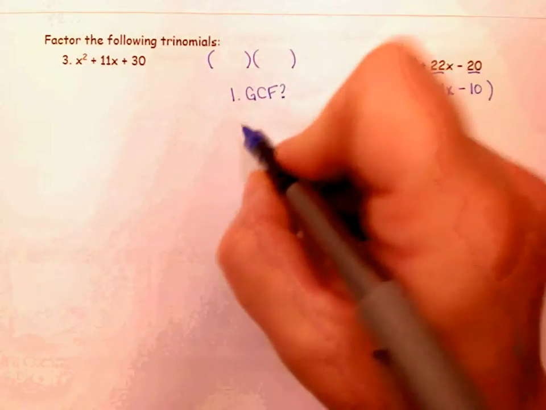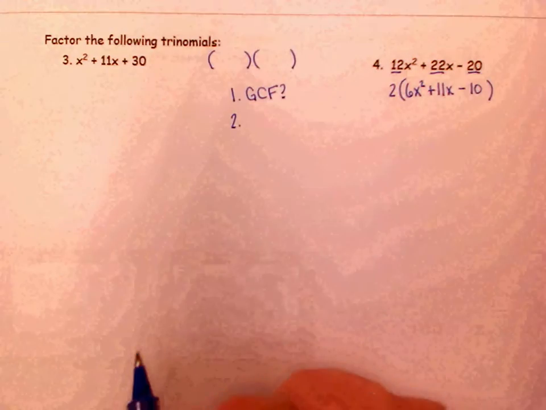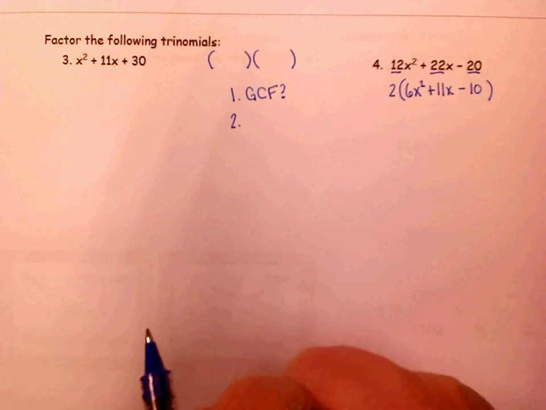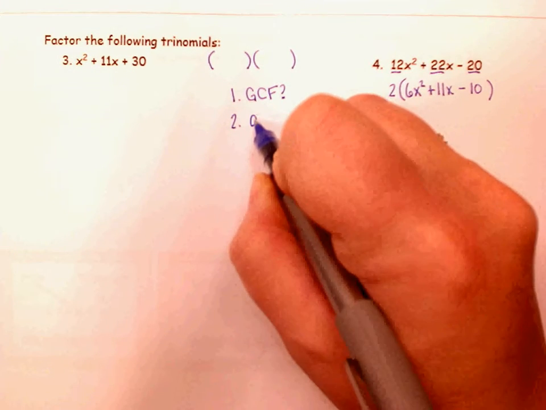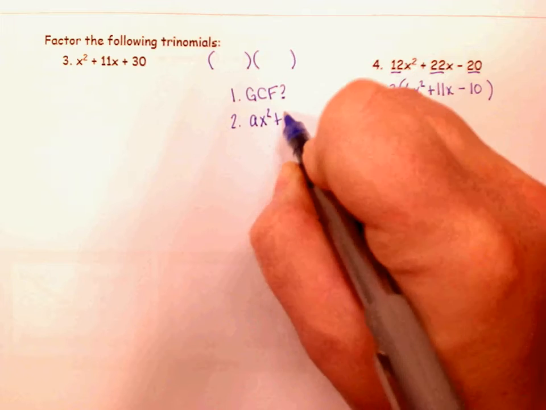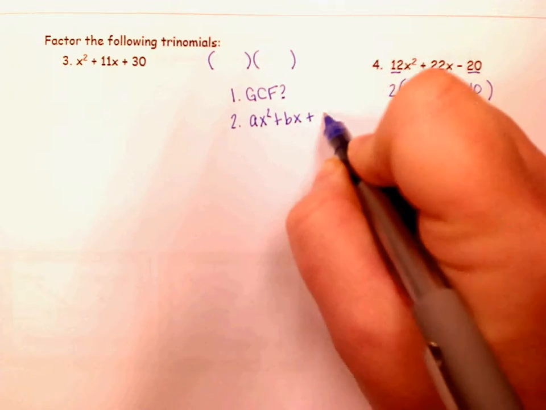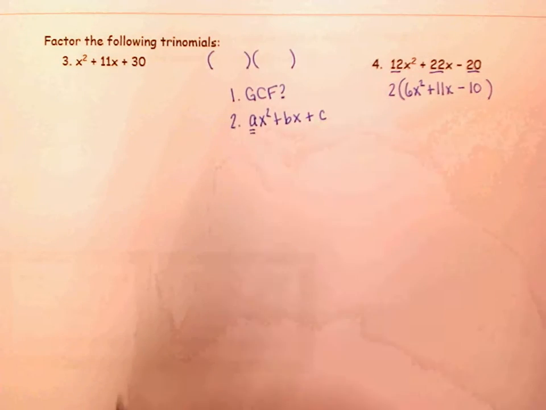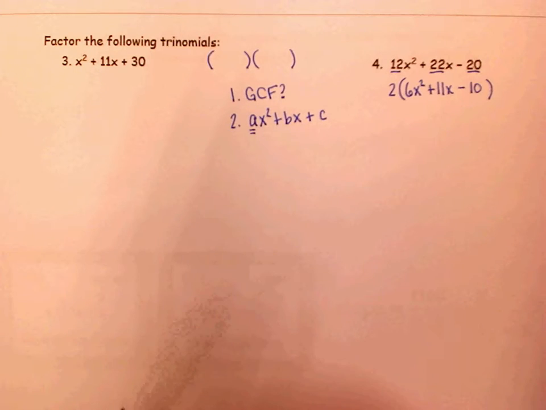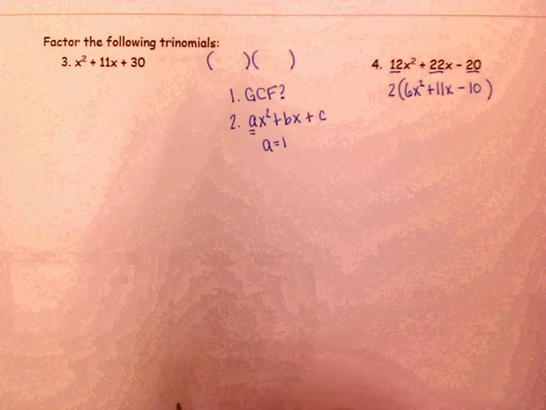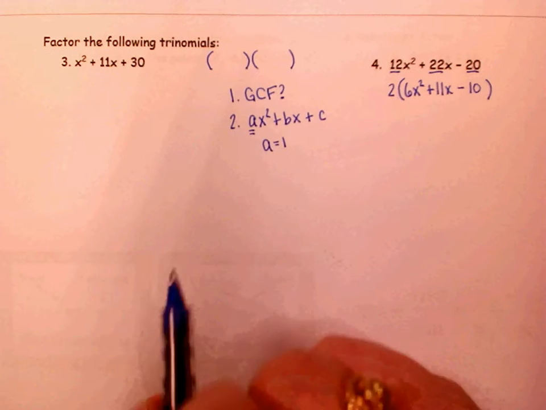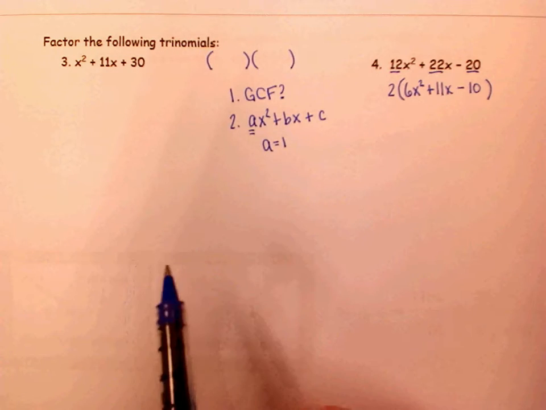Okay, the next thing you do depends on whether the leading coefficient is 1 or not. So standard form of a trinomial, we write it as ax squared plus bx plus c. The leading coefficient is what we call the a value. If your a is 1, then these are the easiest types of trinomials there are to factor.